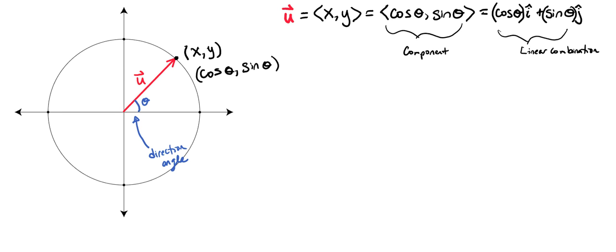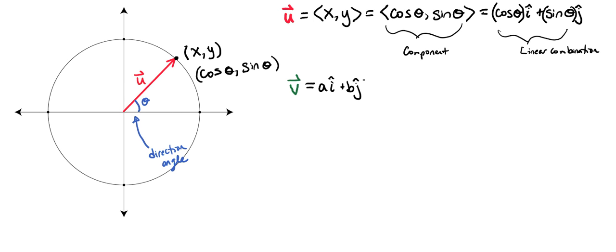So let's say that we had a vector v, and let's say that it's a times i plus b times j, and it makes this angle theta with the positive x-axis, just like u. Well, that tells us that it has the same direction as u, which means that v is really a scalar multiple of u.